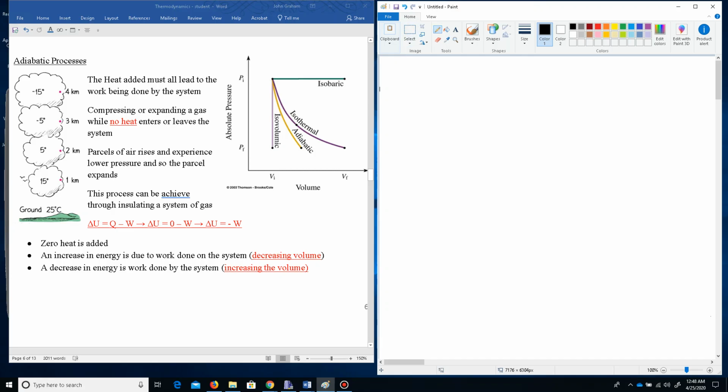For an adiabatic process, the big thing is no heat is being added. Up to this point, we always had Q being a part of it. In this process, Q equals 0. So you don't add heat.